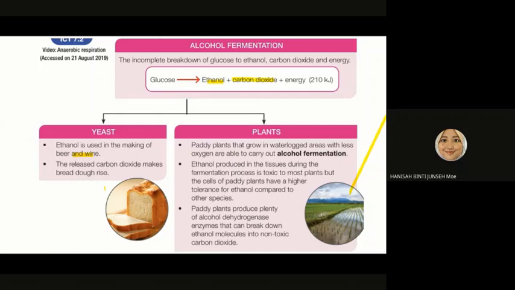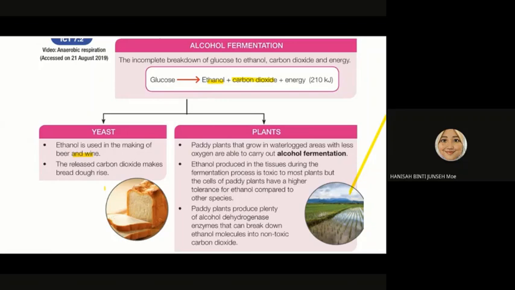If you make dough, even if you make a cake, you use yeast. Usually whenever we make bread, we use yeast. Why do we use yeast? To make the bread puff up, bigger in size, and fluffy. It's because the yeast itself releases carbon dioxide.